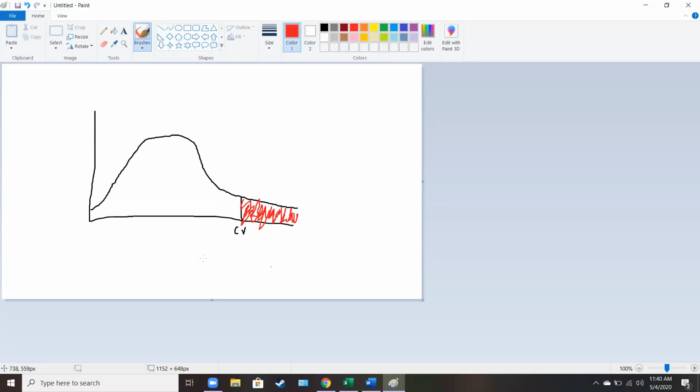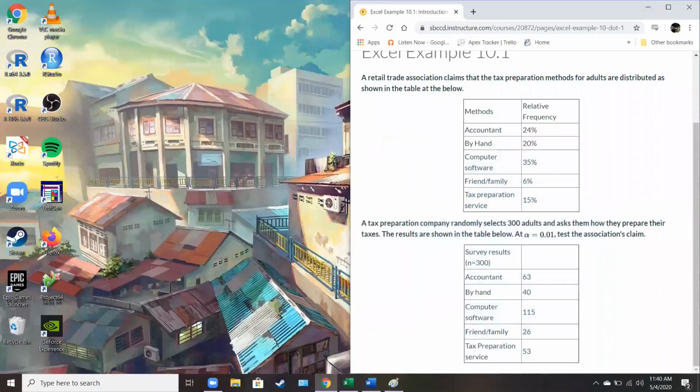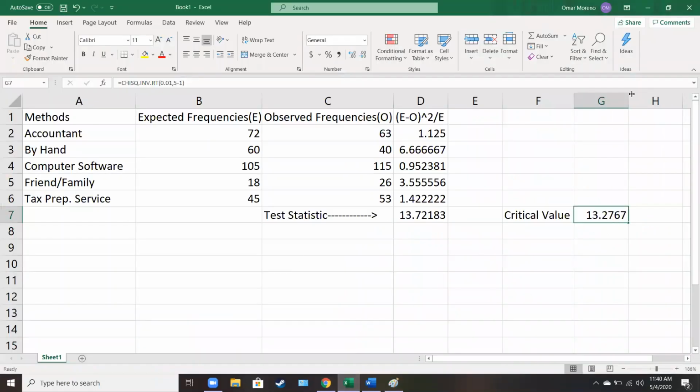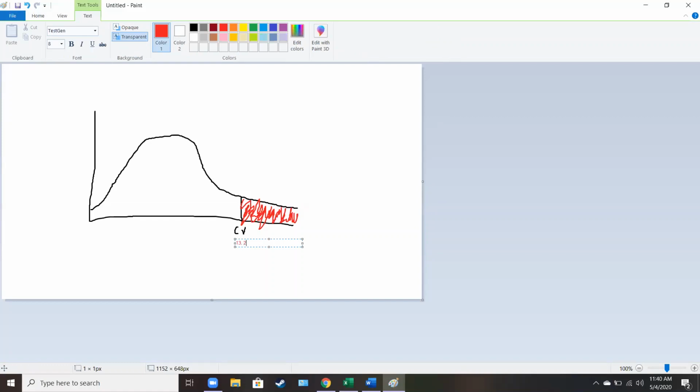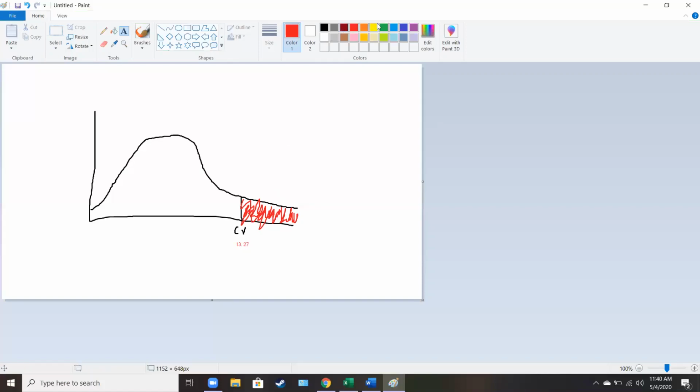And it's the same situation for every goodness of fit test. So the critical value that we found was 13.27. So that is where this rejection region starts at 13.27. And our test statistic, let's do this in blue, is actually to the right of this.